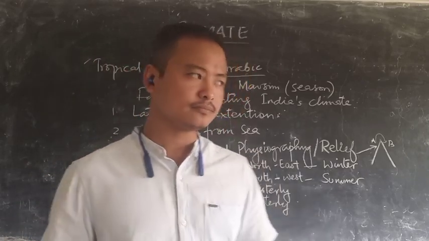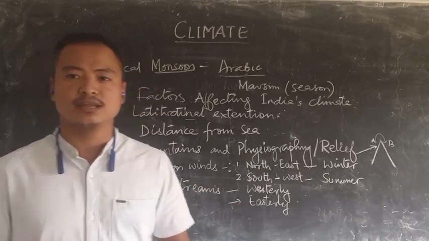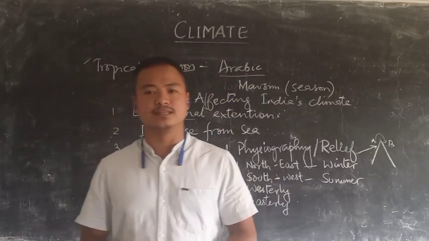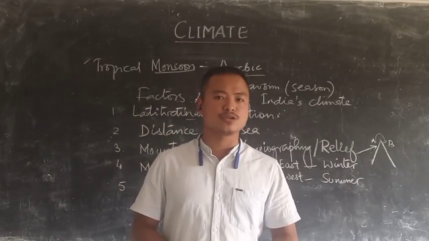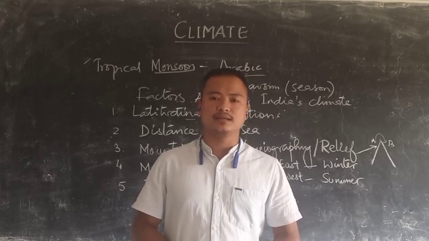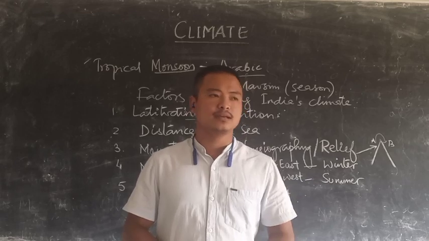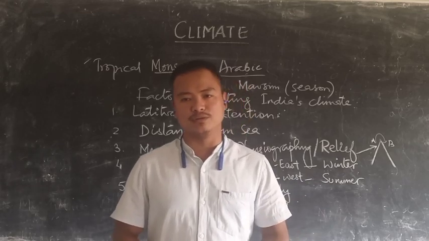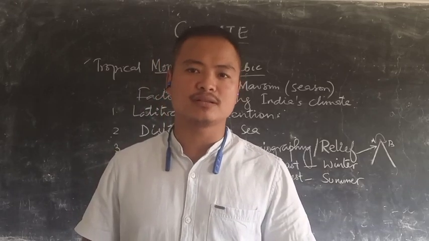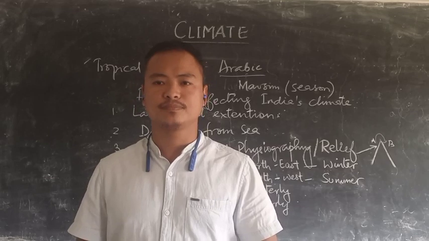Now, as we discussed, the westerly jet stream results in the formation of a temperate cyclone over the Mediterranean region, and it does not cause much harm. But during the northeast monsoon season, usually the months of October and November, a tropical cyclone originates in the waters of the Bay of Bengal.